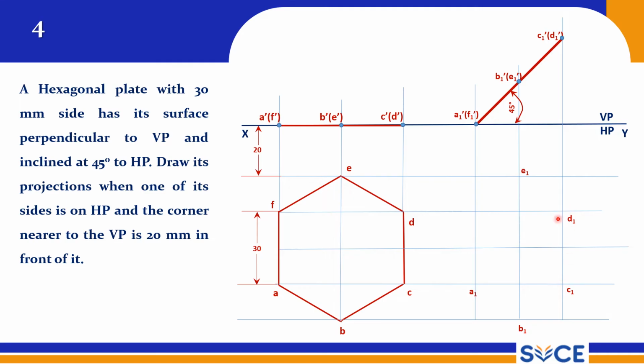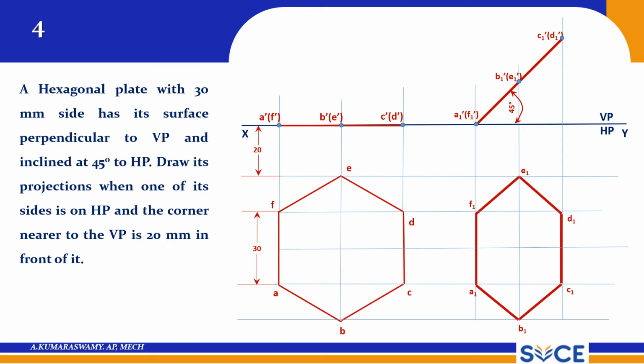And here you get D1 and E1 and finally F1. So now I am getting all the points. Now I have to draw with thick lines. So this is the hexagon which is compressed. Now you can see a horizontally compressed hexagon since it is 45 degrees. So this is how you should solve this problem, students.